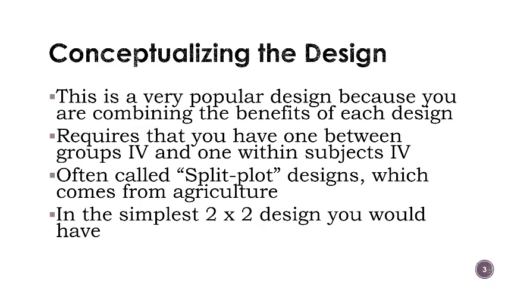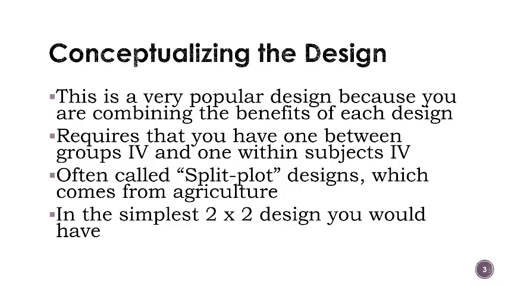So this is a very popular design because it combines the benefits of each, and a lot of things that we like to test match really well with this type of design. It requires that you have one between groups IV and one within subjects IV, or if you like, one between groups and one repeated measures.